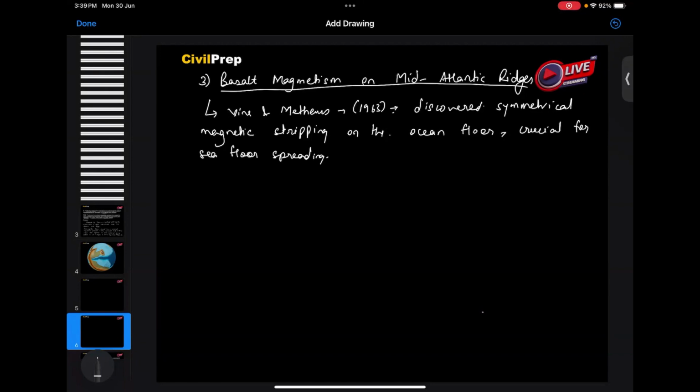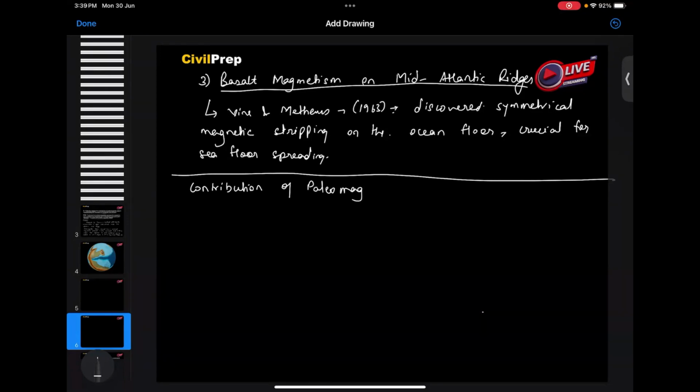Now, when we move further, we need to provide the contribution of paleomagnetic data for continental and oceanic evolution.